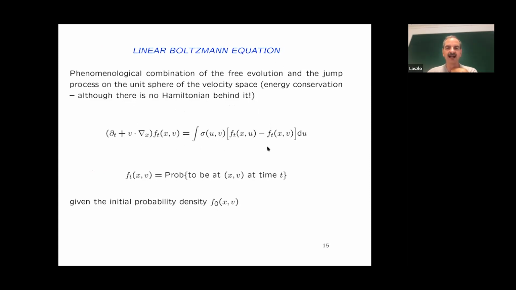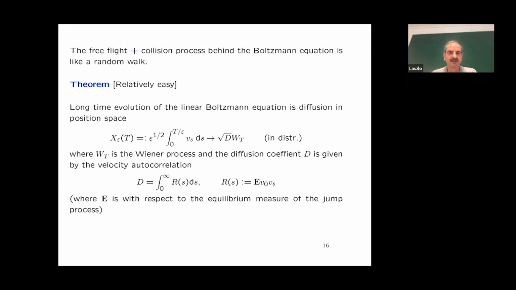If the right hand side were zero, that would be just the free evolution, but it's not zero because there's a jump, and the jump happens locally in space, and it tells you that the velocity u is switched to velocity v at a certain rate. Okay, so this is a phenomenological derivation of the linear Boltzmann equation.